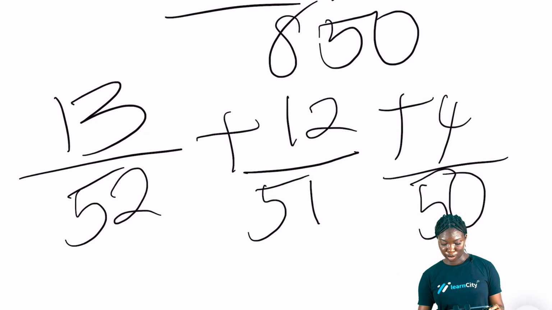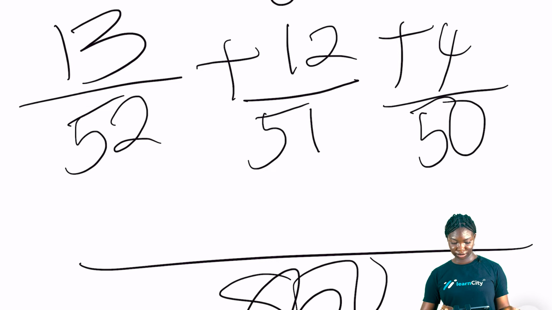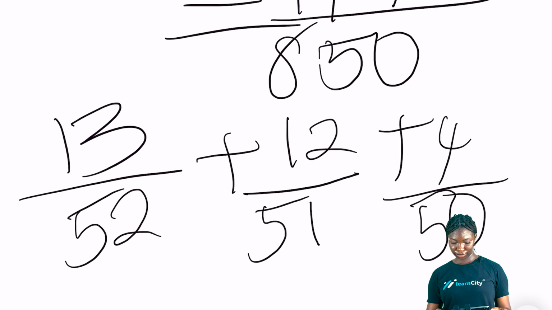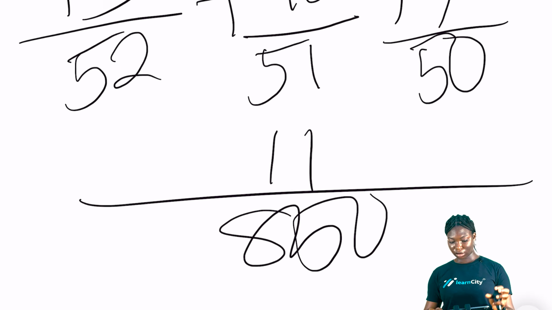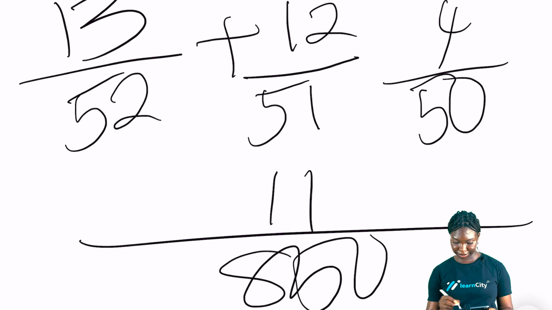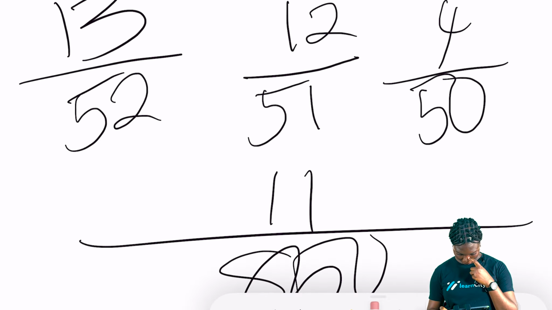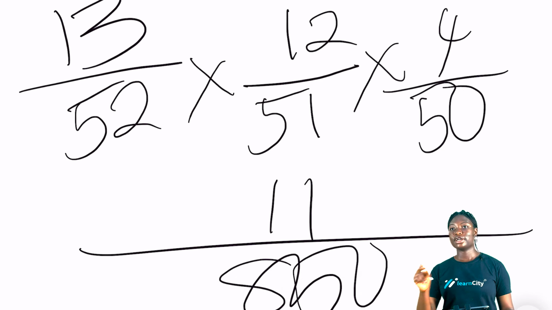So here we have it to be 850, and here we have 11. When we multiply everything here, we have 13 times 12 times 4.